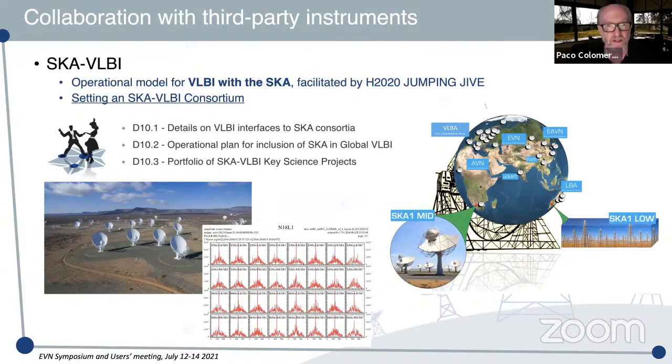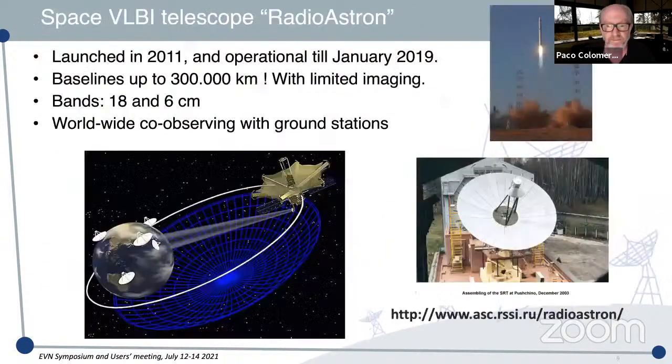Now, this has been facilitated by the project I mentioned, the Jumping JIVE project. And one of the things it requires is to set up a consortium of VLBI networks together with the SKA. And these kinds of agreements can be facilitated if the VLBI networks talk among each other beforehand. And this is one of the roles of this alliance, as I say.